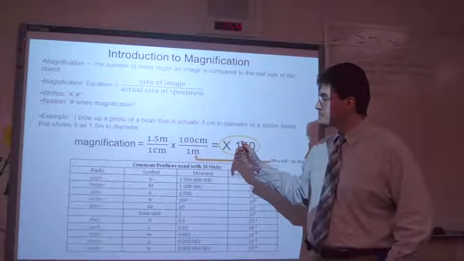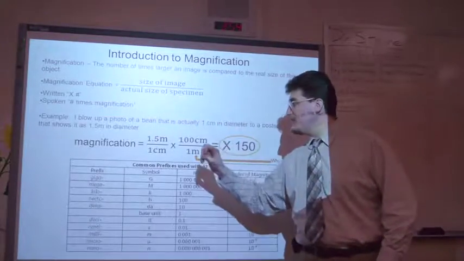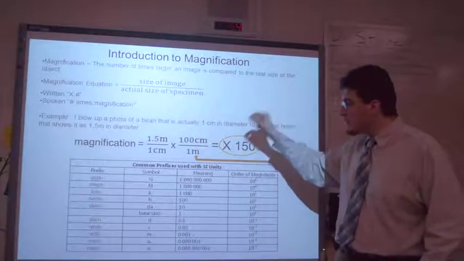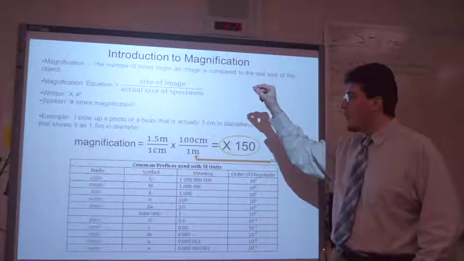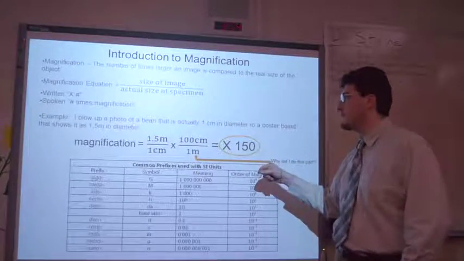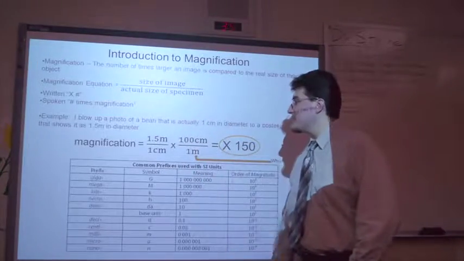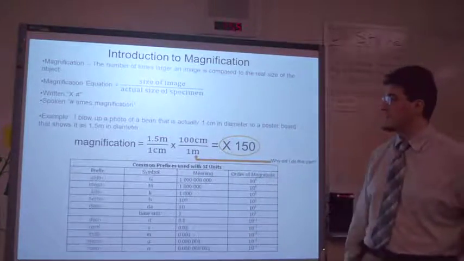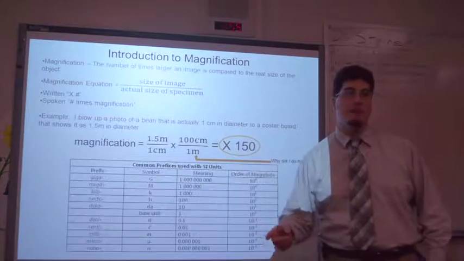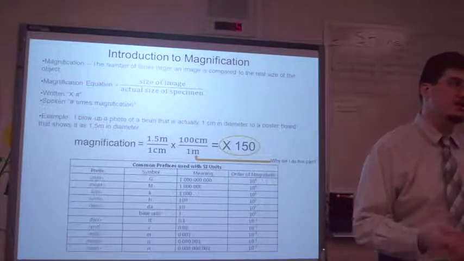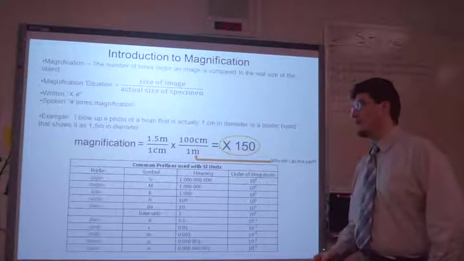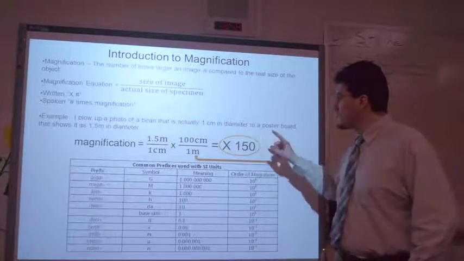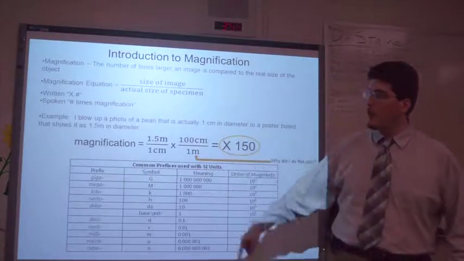Now, this leaves me with 150 meters times centimeters over 1 centimeters times meter. The centimeters cancel out, the meters cancel out. I am left with 150 unitless. By convention, not by definition, I use an x. 150x.